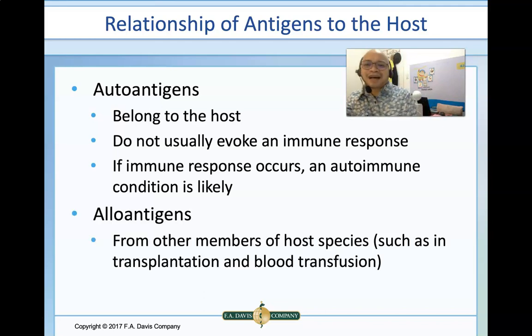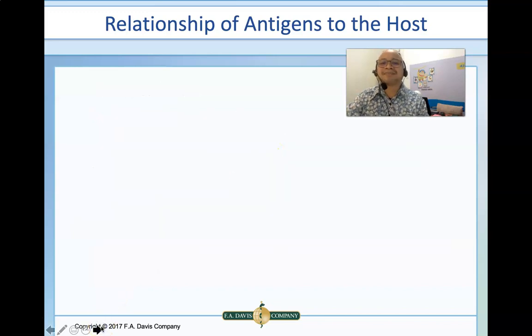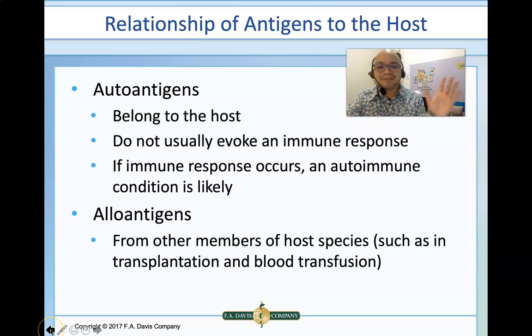Alloantigens are from other members of the host species, such as in transplantation and blood transfusion. For example, you are a patient and you need a blood donor from another person.